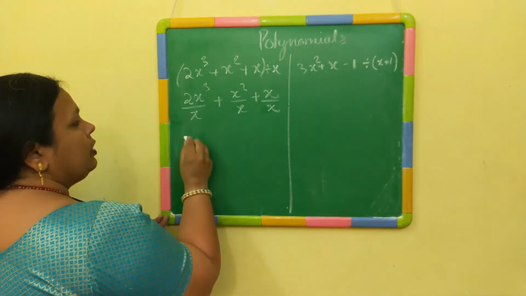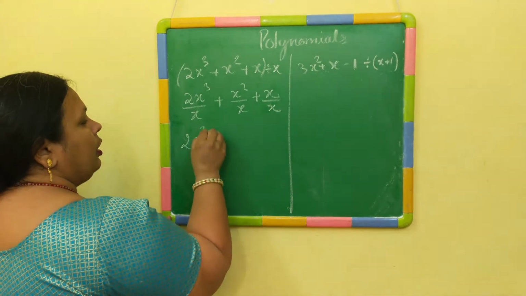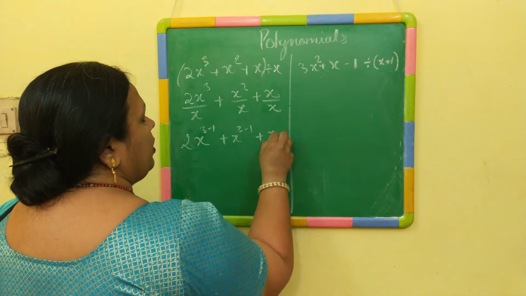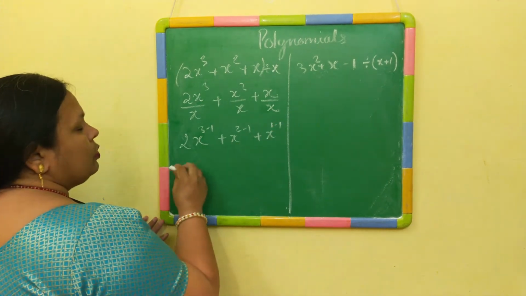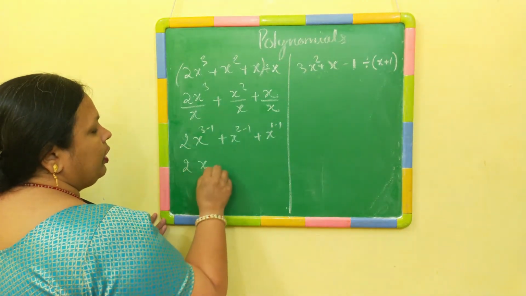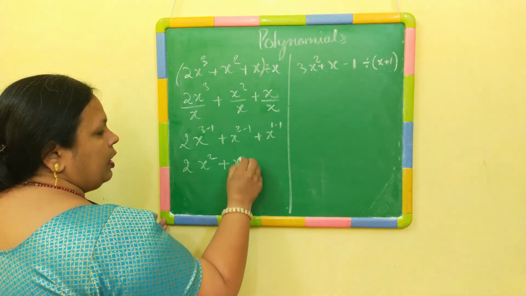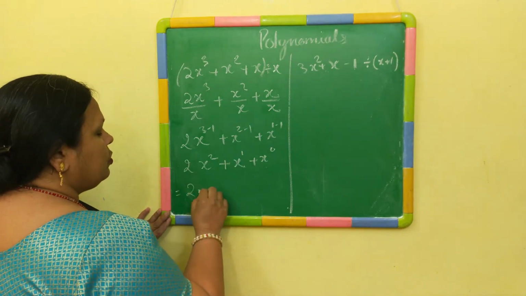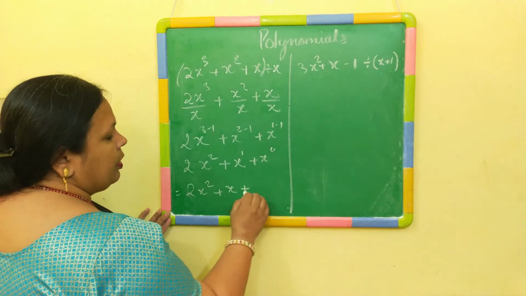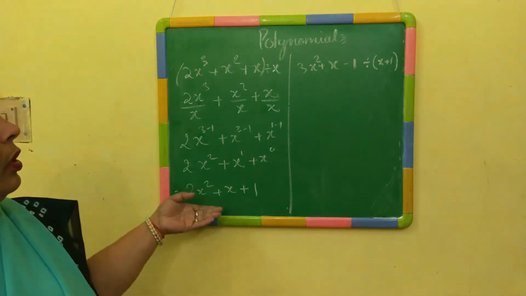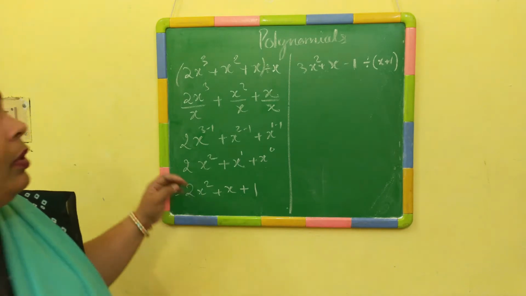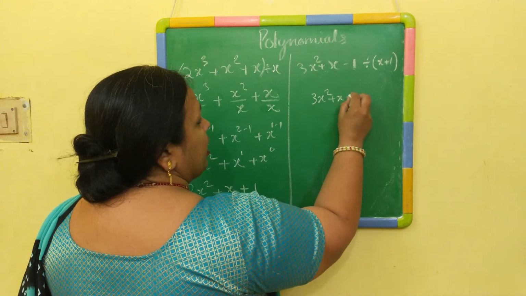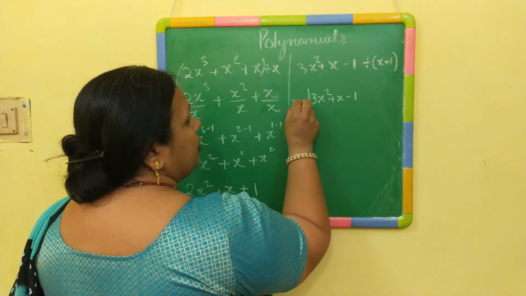So the answer here is 2 into x cube minus 1, plus x square minus 1, plus x to the 1 minus 1. So this will be 2x square plus x power 1 plus x power 0, that is 2x square plus x plus 1. Clear?